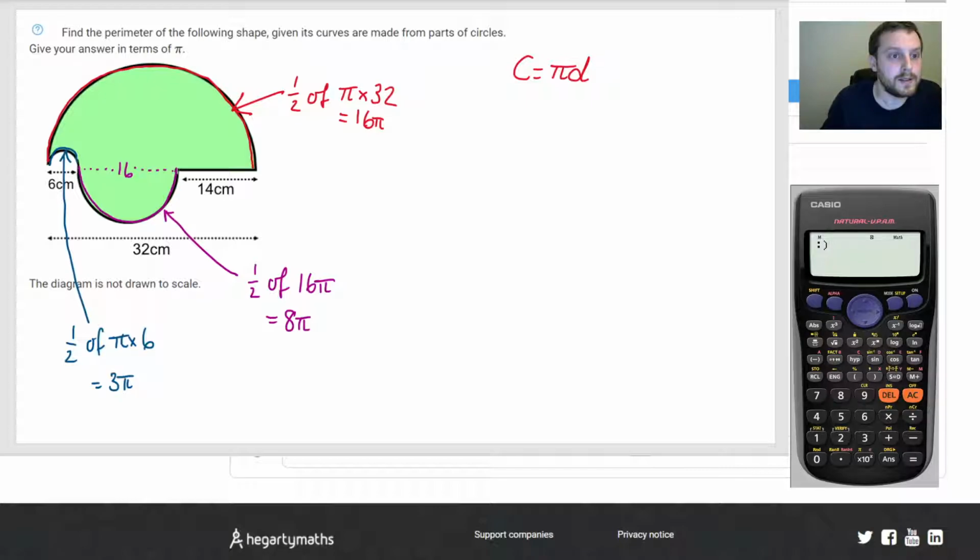And then this last part is relatively straightforward. It is just literally 14. There you go, done. So my final answer is, how many pi's altogether? There's 16, add 3 is 19, add 8 is 27. So my final answer is 27 pi plus the additional 14.